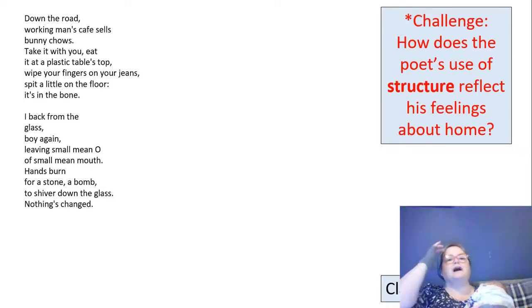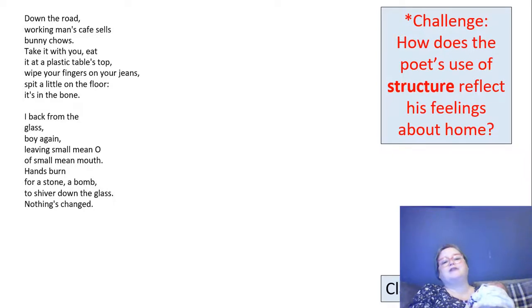The last one then: "I, back from the glass, boy again, leaving small mean O of small mean mouth, hands burn for a stone, a bomb to shiver down the glass. Nothing's changed." So, back to reality when she moves away from the glass. She's writing from the point of view of a boy.